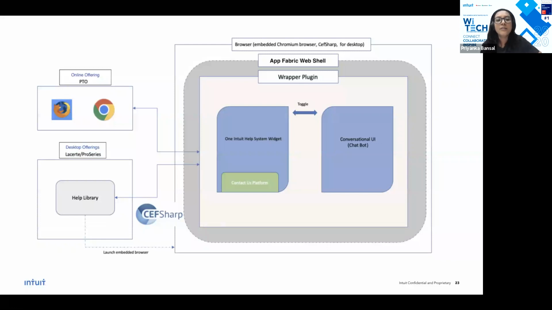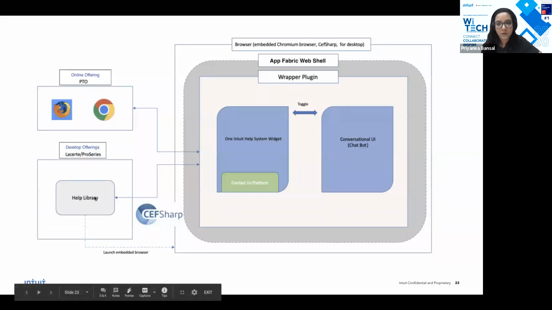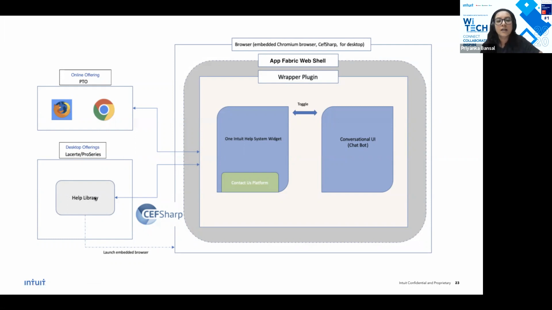For example, today, if we have to make any change within the desktop offerings, we have to do a release, and customers have to upgrade to the latest version of the product. Using this framework, if we design a feature that we want to cater to our customers, we need not do a release. These releases are online and customers will get the features in real time.